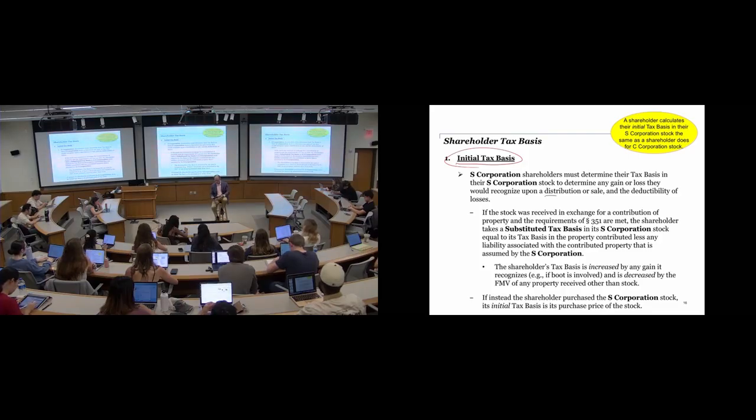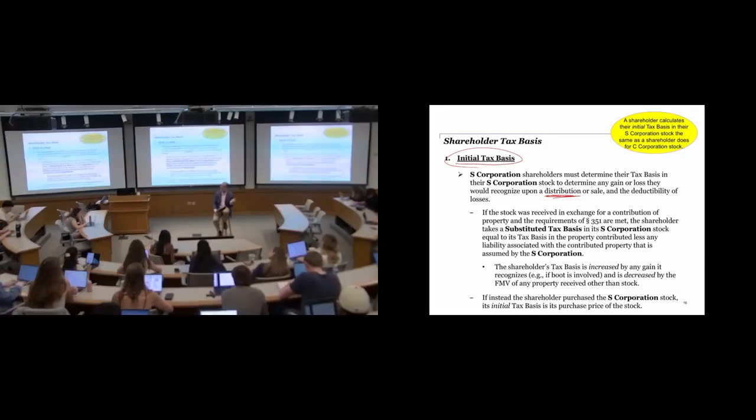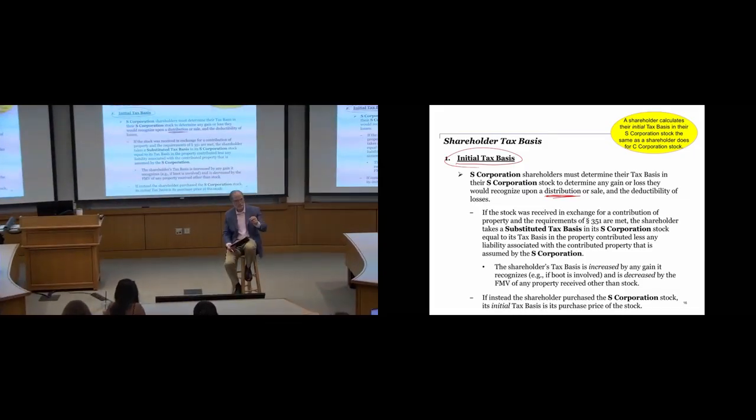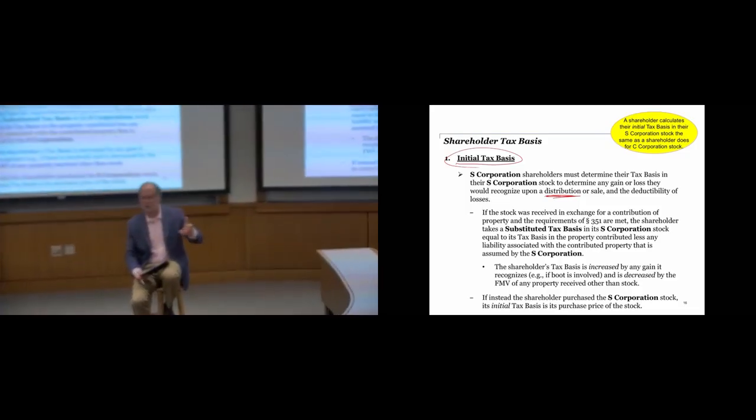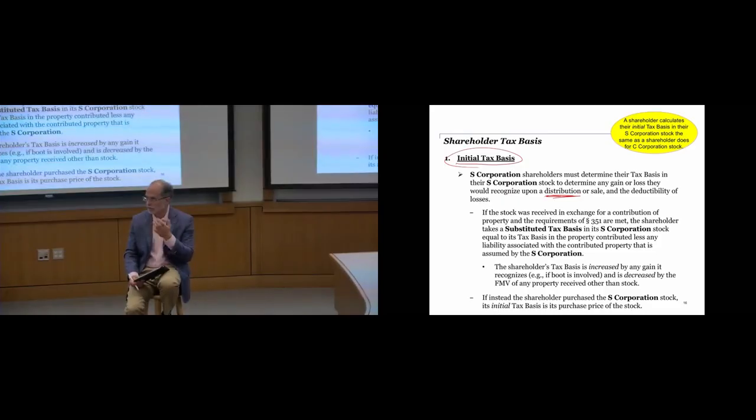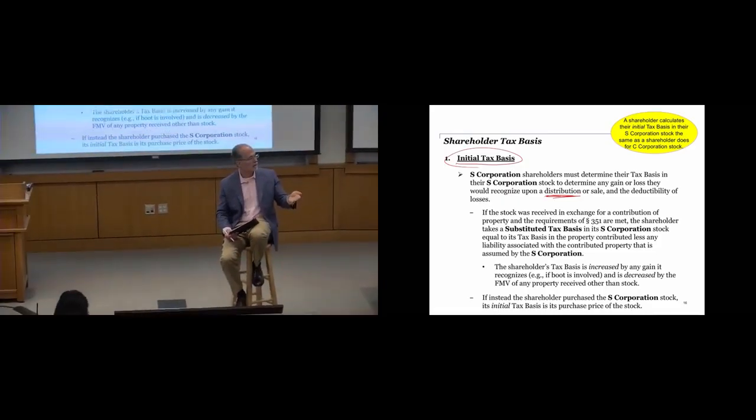So it's distributions. You're going to see here we maintain our outside basis in S corporations, similar to the way we do for a partnership, with some subtle differences, but it's going to drive distributions and the taxability of distributions, whether they're taxable or not to the recipient. And so I need to know what that outside basis is.